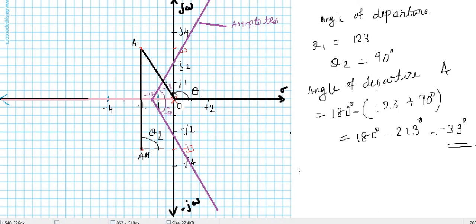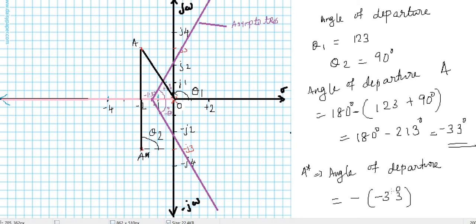So, no need to find the angle of departure of complex pole A star, because the angle of departure of complex pole A star is equal to minus of minus 33.